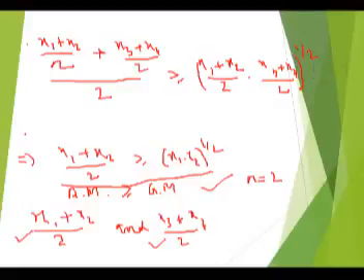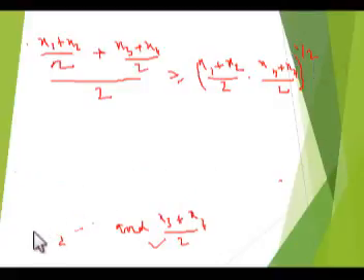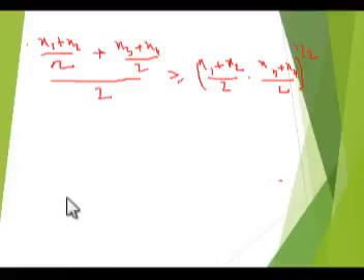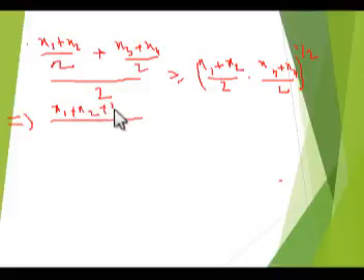So now by this relation we will have, if we take 1 by 2 common, this will be x1 plus x2 plus x3 plus x4 by 2 greater than or equal to, what?